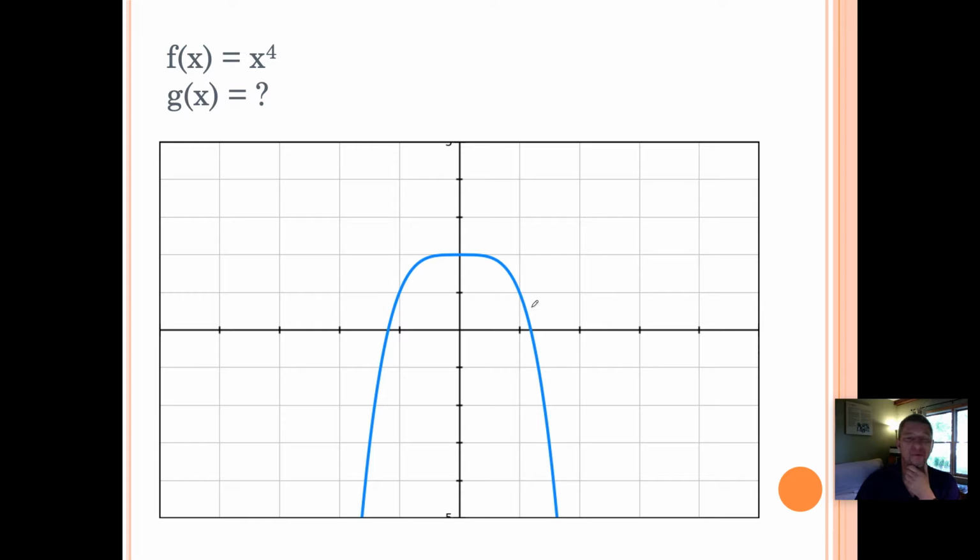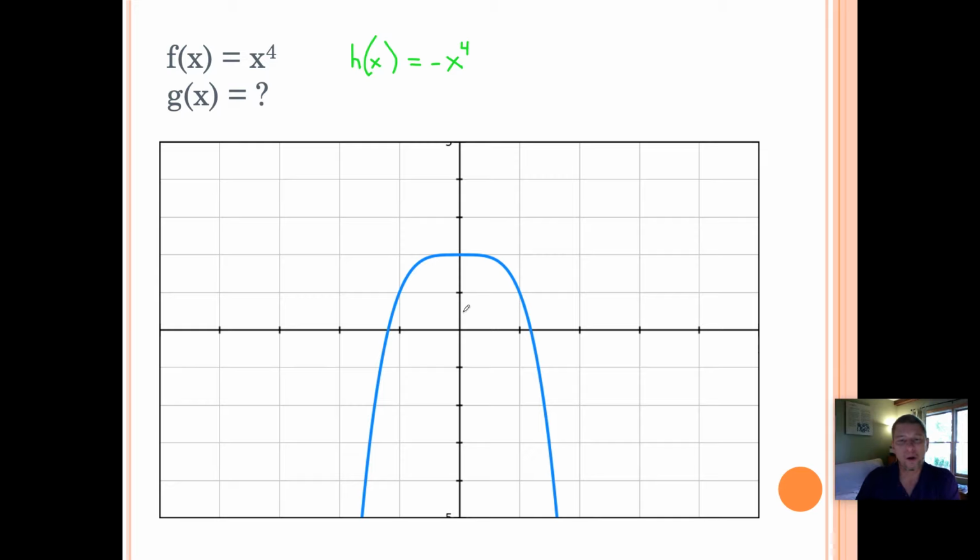Well, first and foremost, what did I do to flip it upside down? In order to flip it upside down, I took the value of x to the 4th and made it negative. So instead of x to the 4th power, it's now negative x to the 4th power, and that's what flipped it over.